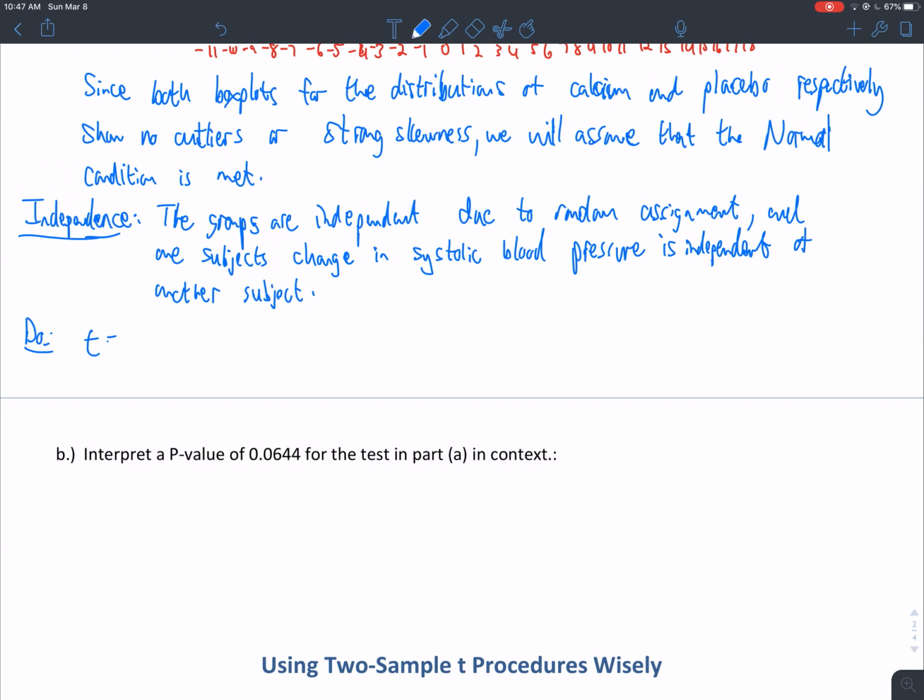My test statistic is t equals x bar 1 minus x bar 2, sample means, minus mu1 minus mu2, all over the standard deviation of the difference, which is the square root of S1 squared over N1 plus S2 squared over N2. Alright? And plug that stuff in.